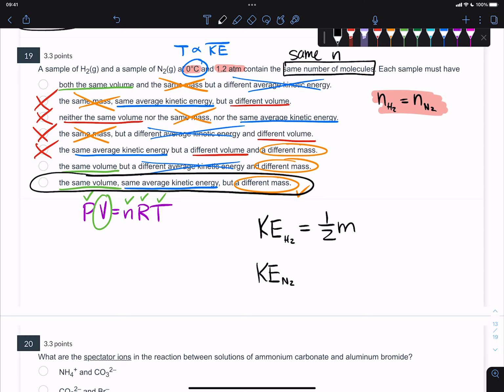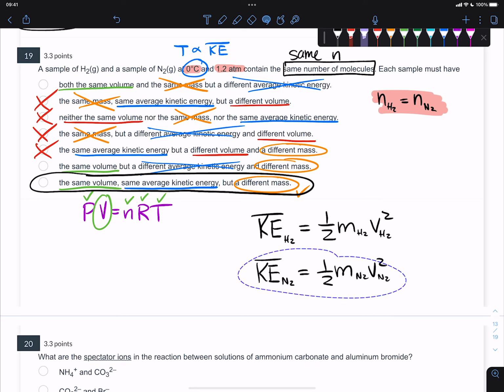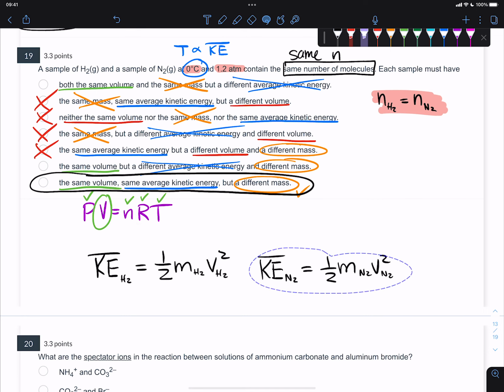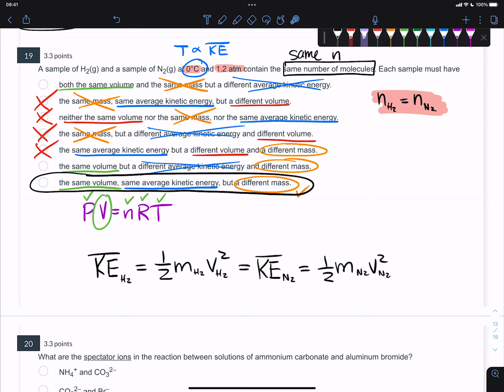So I'm going to say 1/2 the mass of an H2 molecule times the velocity of an H2 squared, and this is going to be equal to 1/2 the mass of an N2 times the velocity of an N2 squared. At the same temperature, the average kinetic energy will be the same. Because if they're at the same temperature, then their average kinetic energies are going to be the same.